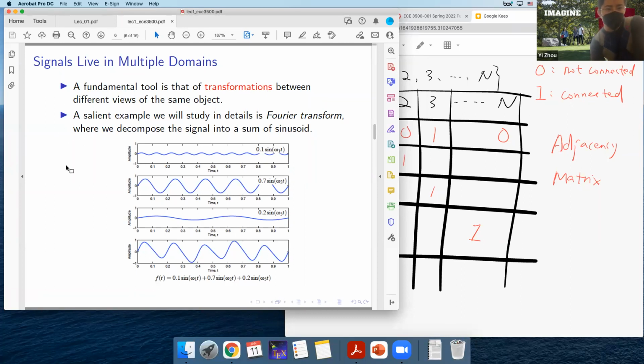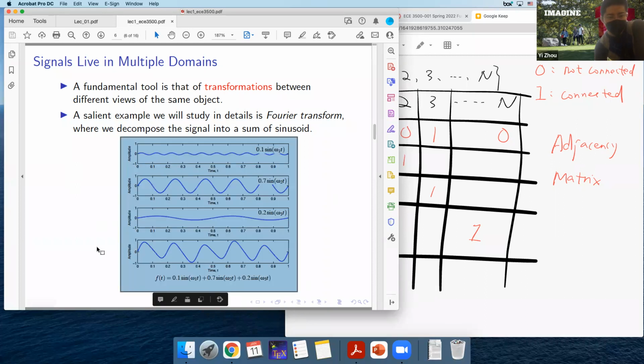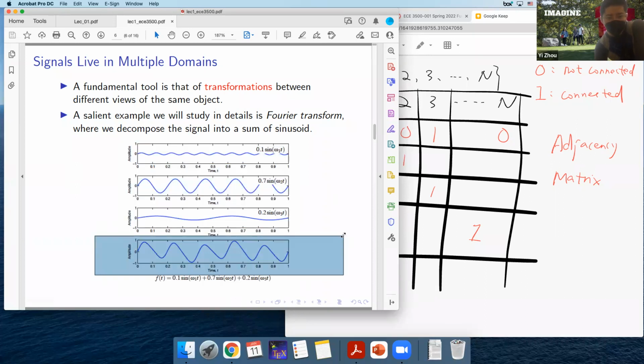One example that we will see in the lectures is in this figure, in the bottom part. This is a signal of interest.